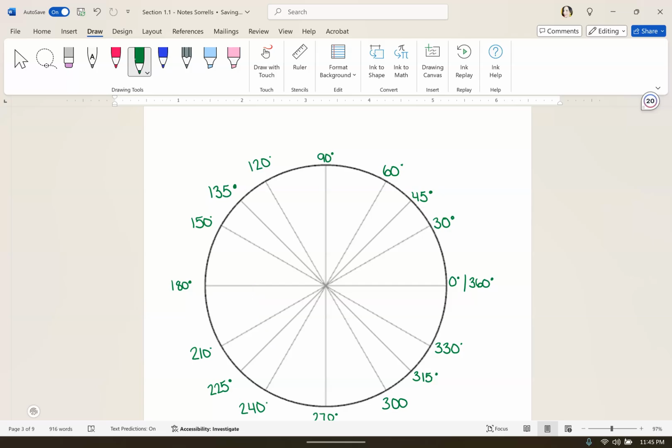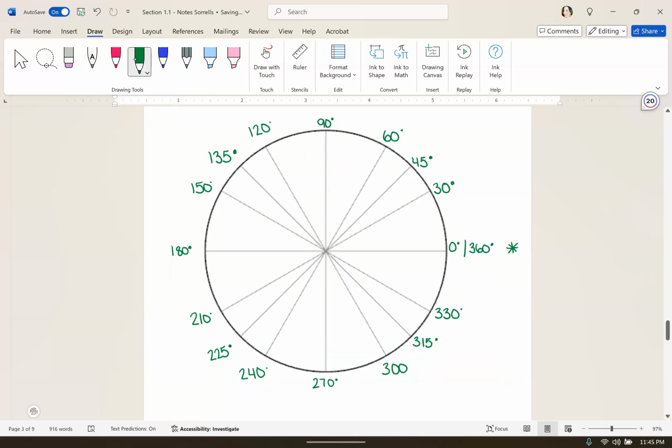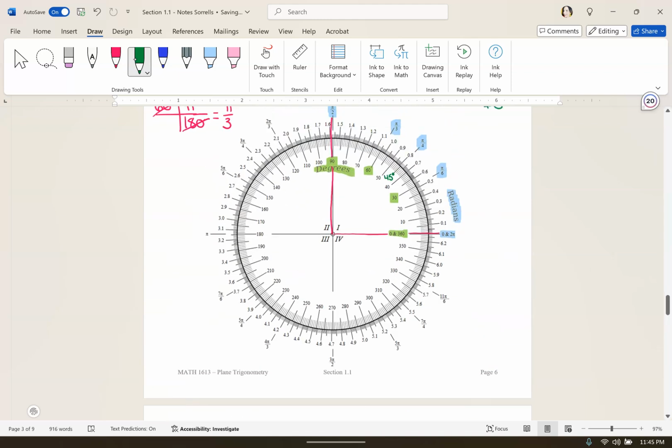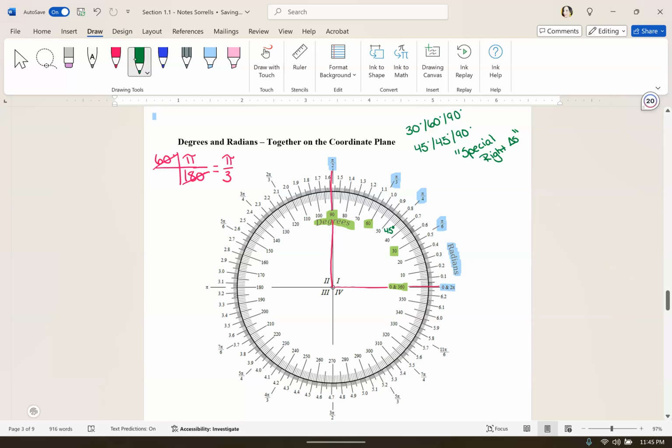So notice this is your starting point. It's 0, 30, 45, 60, 90, 120, 135, 150, 180, 210, 225, 240, 270, 300, 315, 330, and 360. Okay? But guess what? We're going to go back and do it in radians.